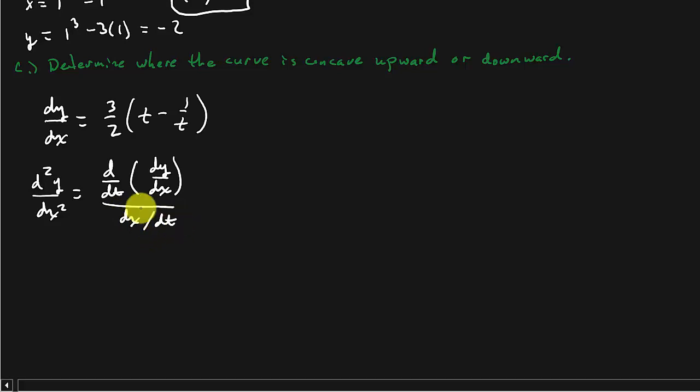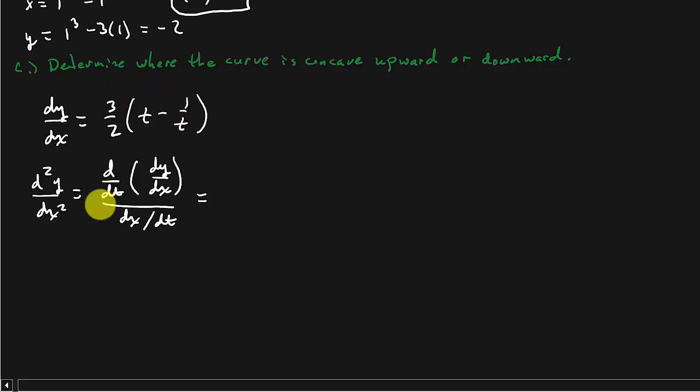All right, so what does this mean? Right now, just disregard the denominator. Let's just look at the numerator. To get the numerator, that tells me I'm taking the derivative of dy/dx, which is this thing, with respect to t.